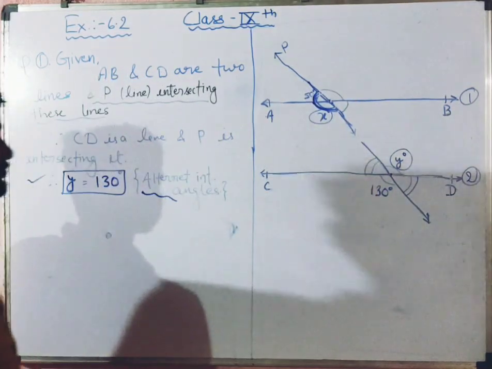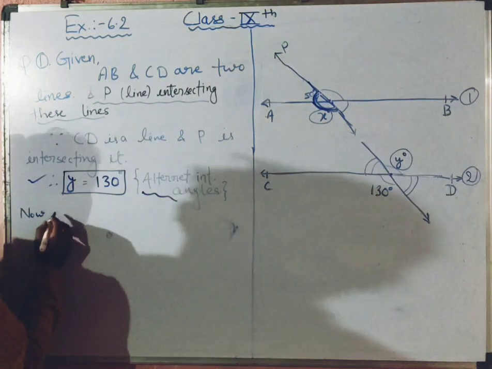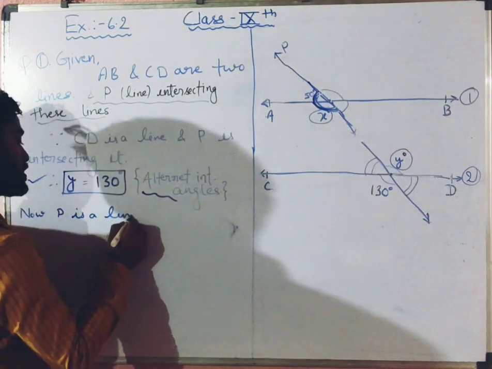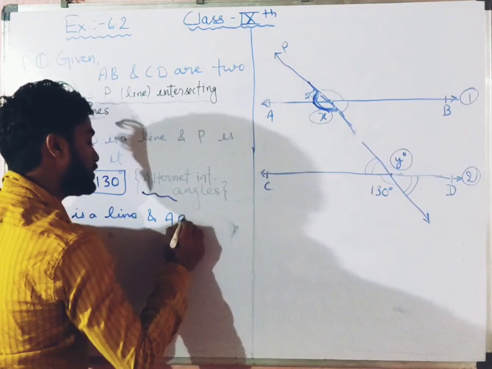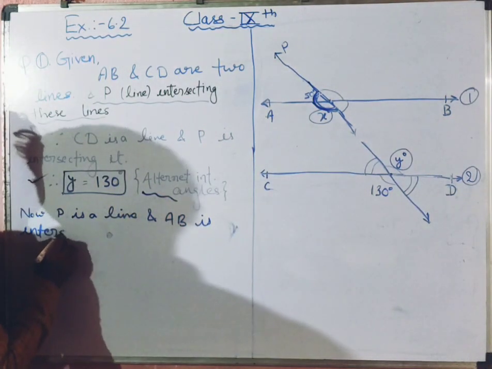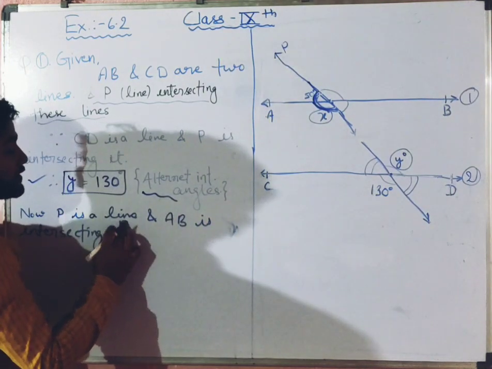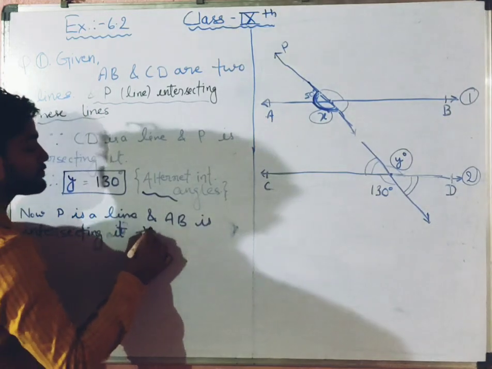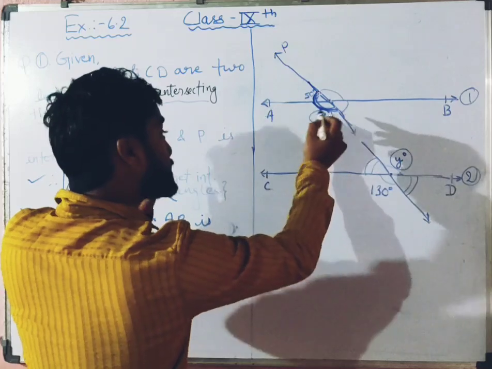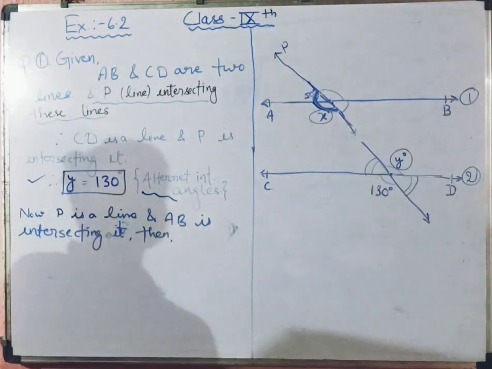P is a line and AB is intersecting it. That means the two angles on one side are a linear pair of each other.